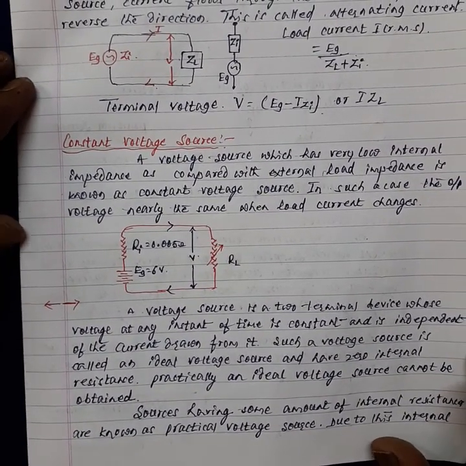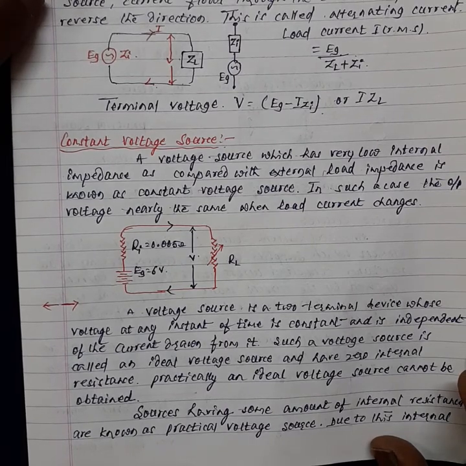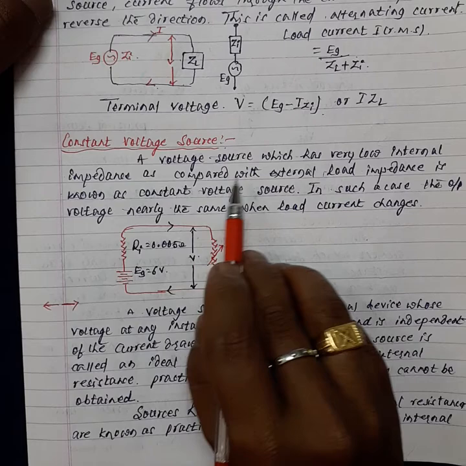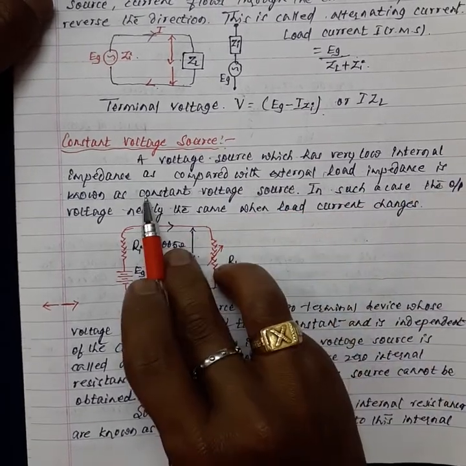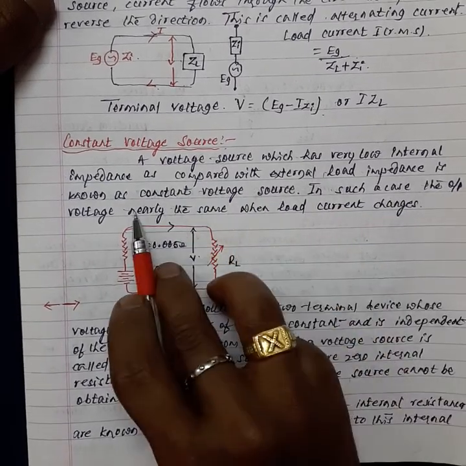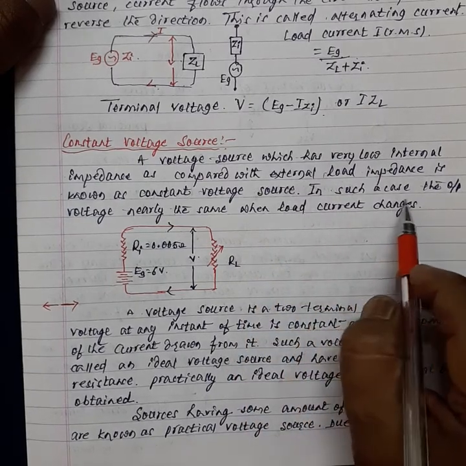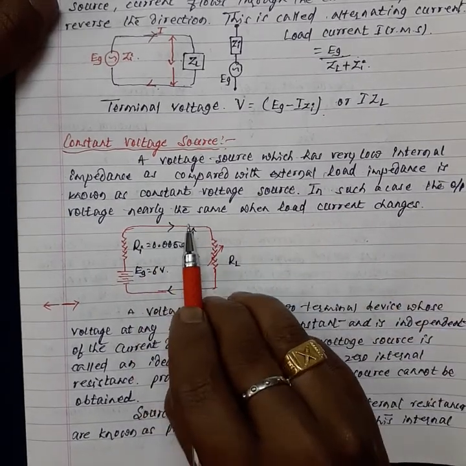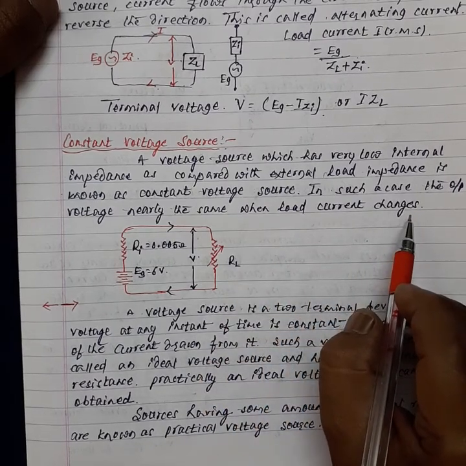Next, we have a constant voltage source. A voltage source which has very low internal impedance as compared with external load impedance is known as constant voltage source. In such a case, the output voltage is nearly the same when load current changes.